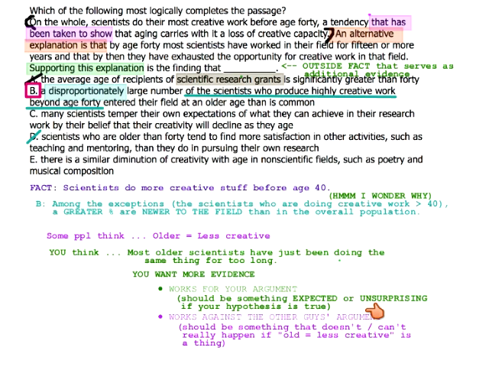So we want to support the explanation that the speaker gives. When you say a tendency that has been taken to do this, that is specifically the speaker does not take that side. This is what other people think. So you just pay attention to which statements are being made by the speaker.